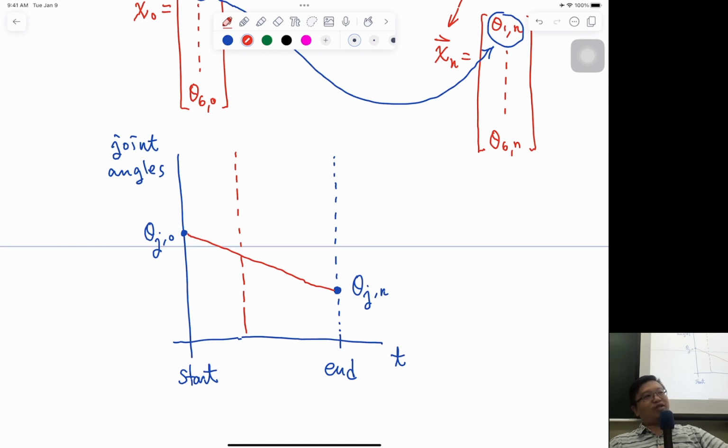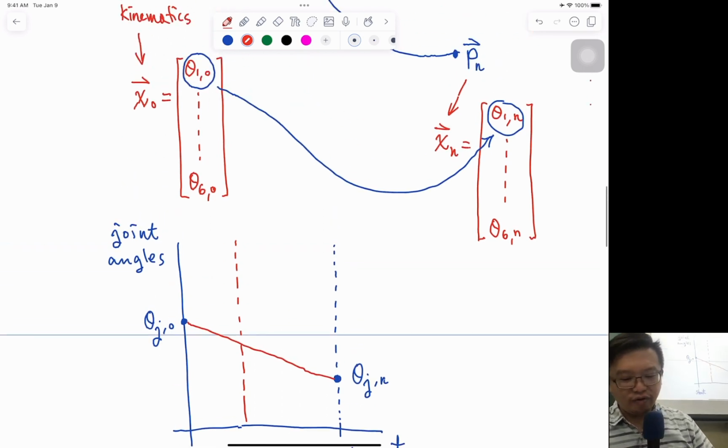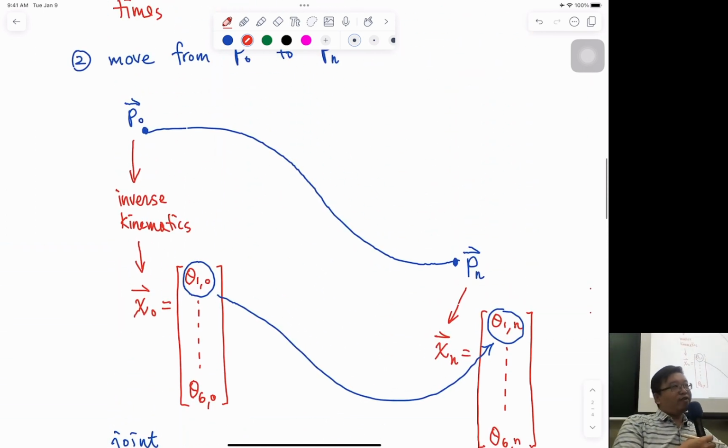Usually, if you have a computer working on simulations, of course, the simulator will compute every end effector position at a lot of intermediate points, so that you can see it.